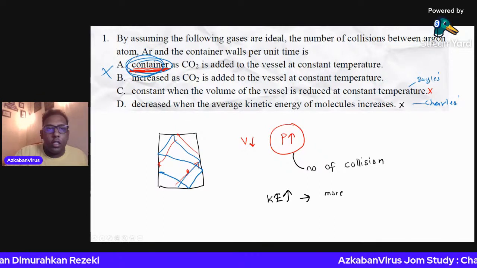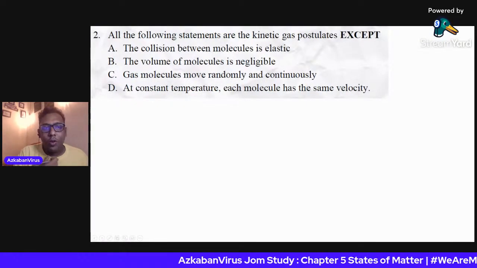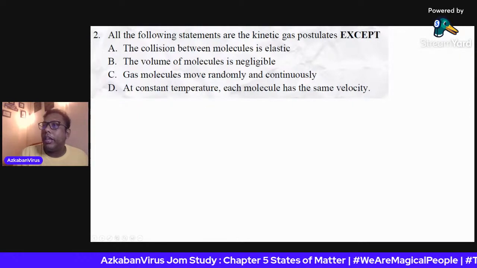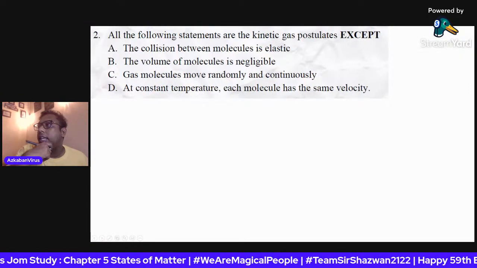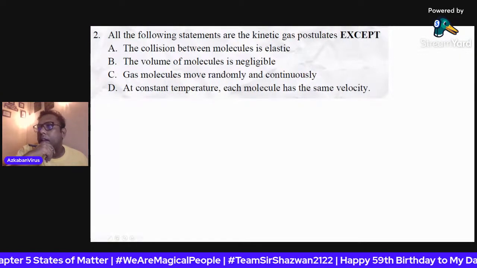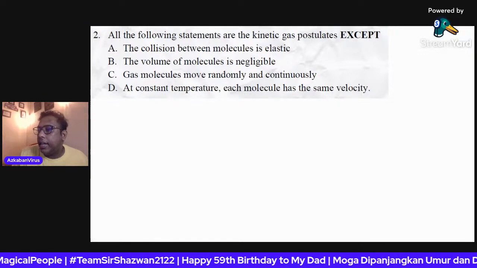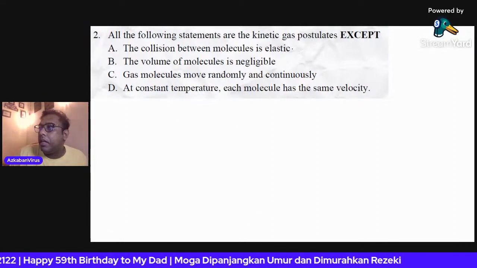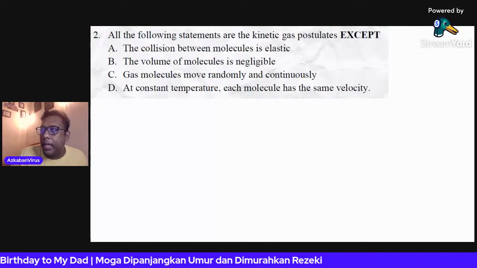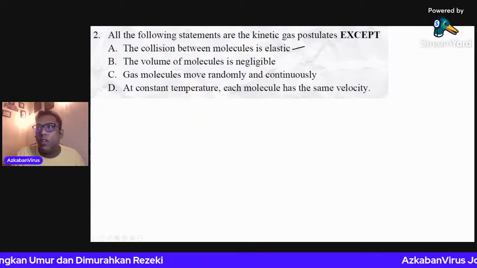Soalan kedua. Kalau suara saya macam kering sikit, sorry ya. All the following statements are the kinetic gas postulates except: the collision between molecules is elastic. Yes. Pelanggaran kenyal maksudnya tidak ada loss of energy.